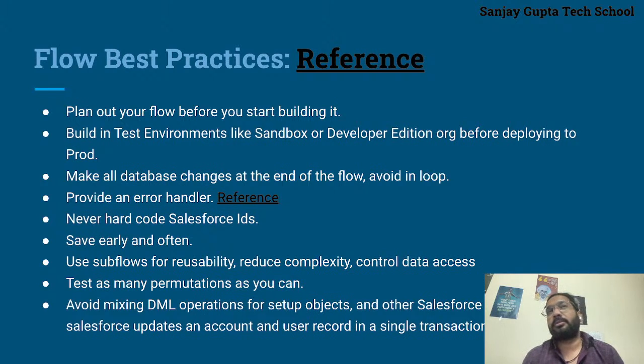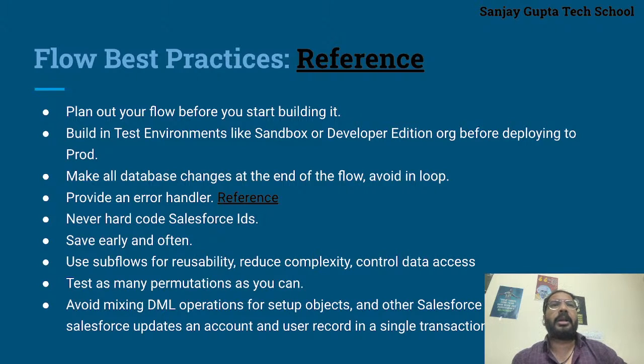You can draw a rough flow in your mind, or maybe on paper, like what elements you will be using in your flow and how the elements will be connected. If you have a rough sketch ready, then your flow will work fine. Otherwise, if you directly start, lots of debugging will be required. So it is always suggested to plan out your flow before you start building it.